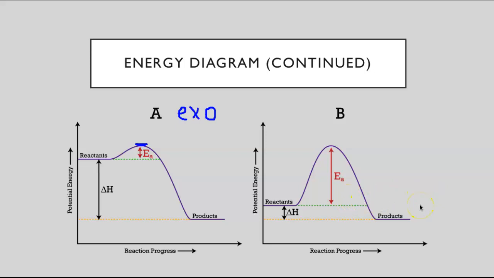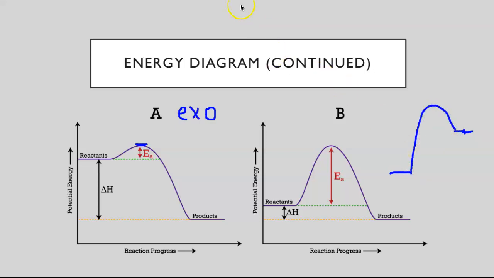I will try to find and insert a diagram of an endothermic reaction, but the same thing would happen in an endothermic reaction where the reactants have less energy than the products. So if I wanted to sketch an endothermic reaction, here would be the reactants, here would be the products, and then the diagram would look something like that.